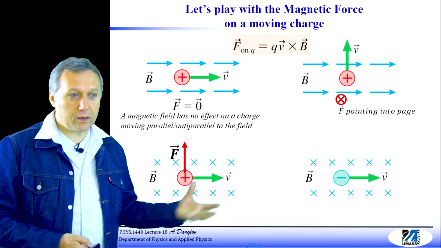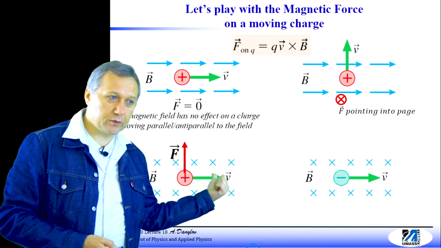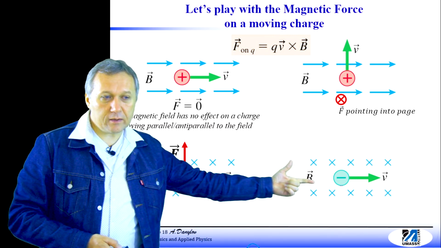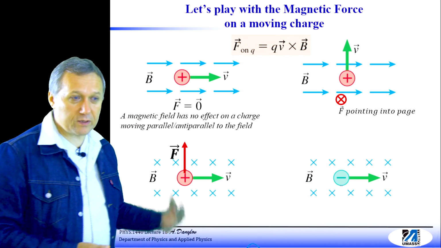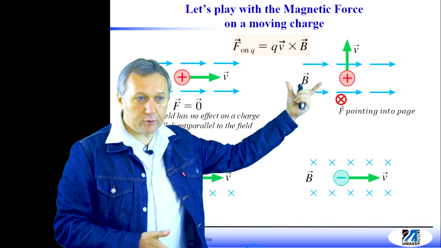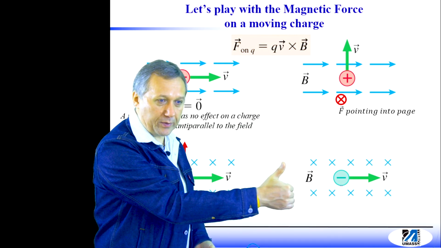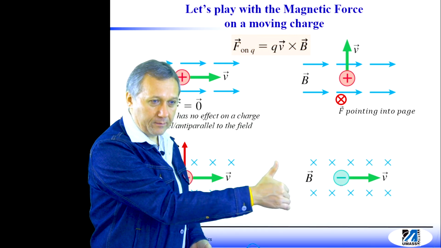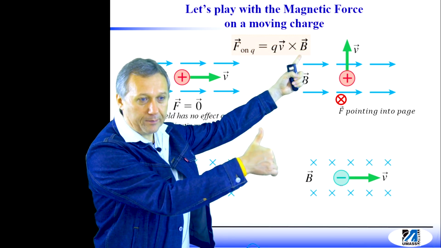What if we have this situation? Again, magnetic field lines. The magnetic field is into the screen, and the particle flies this way. So like in the previous example, first you have to find the direction of the cross product V cross B, right? And the cross product V cross B is up.